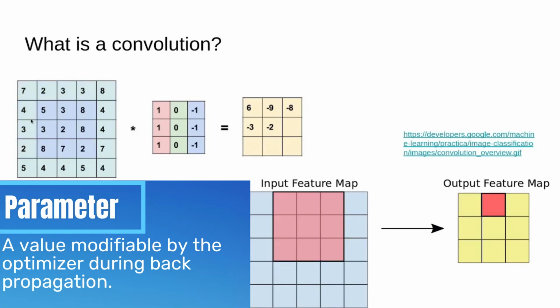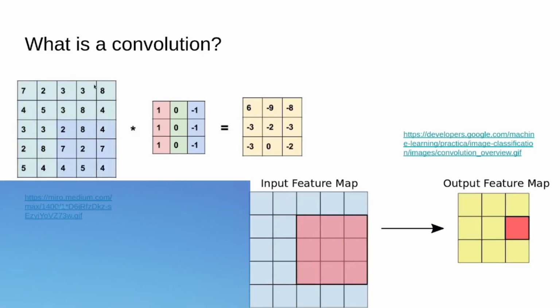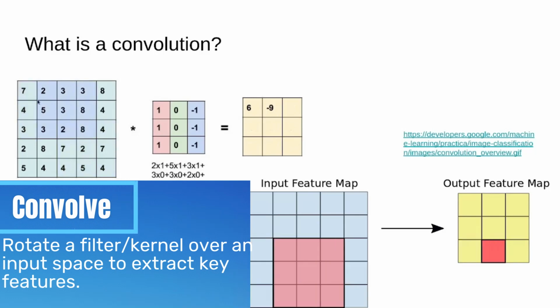Again, convolving is where we put the kernel on the top left corner in this case, multiply each of the corresponding boxes, sum them all together, and replace those set of 9 boxes with a single box that is the sum of the products.